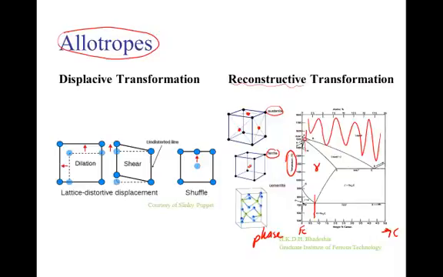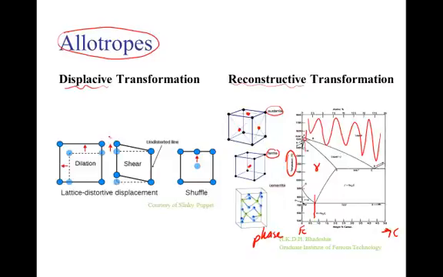And so sometimes you get the structure that is what we call the equilibrium structure, and sometimes you just get a structure that's easier to form. Structures that are easy to form are what we call displacive transformations. It's where there's very little difference between the crystal structure that we are starting from and the one that we're turning into.